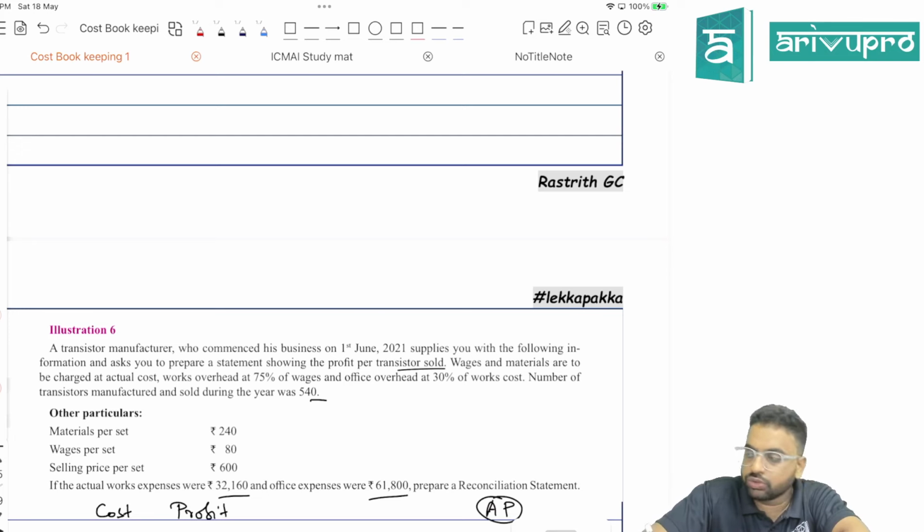So he is asking you to calculate the profit per unit. Wages and material are to be charged at actual cost. Works overhead at 75% of wages. He is giving absorption rates. And office overhead at 30% of the works cost. Works cost means factory cost.